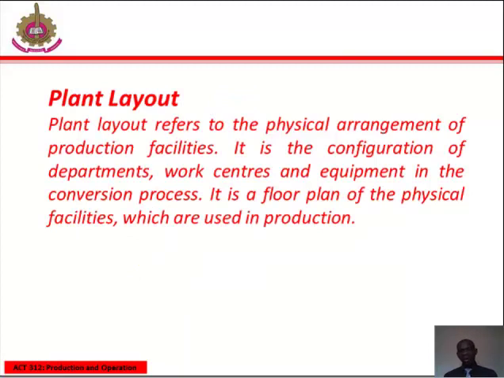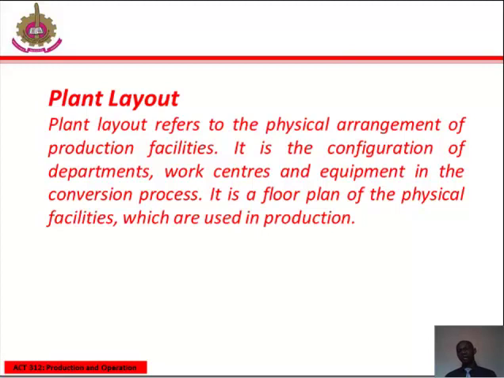Plant layout. Plant layout refers to the physical arrangement of production facilities. It is the configuration of departments, work centers, and equipment in the conversion process. It is a floor plan of the physical facilities which are used in production.